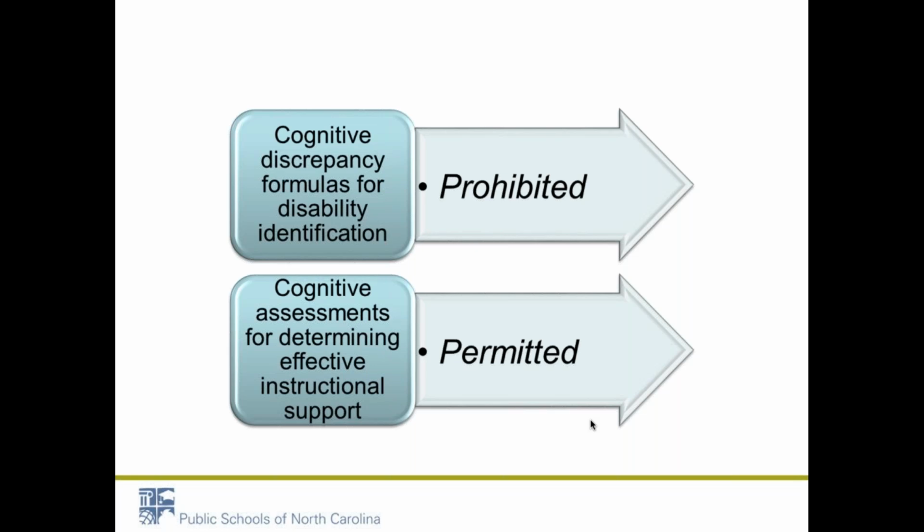So keep in mind the purposes of the evaluation, and think about eligibility, that first purpose. The requirement of a cognitive discrepancy formula to apply to a determination around eligibility is now and will then be prohibited. So that first purpose of the evaluation is where the cognitive requirement is removed.